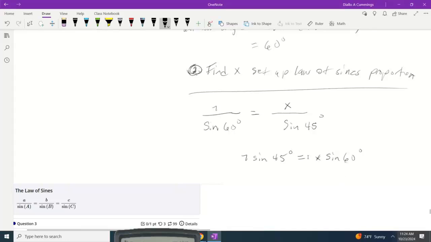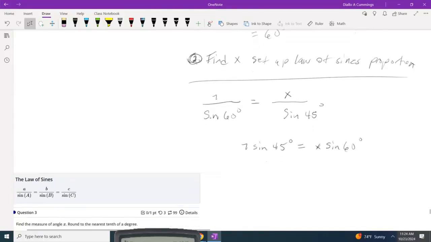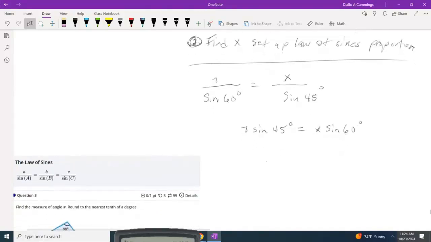So the opposite of multiplying x by the sine of 60 degrees is to divide by the sine of 60 degrees. So I'm going to divide both sides by the sine of 60 degrees. So I have 7 times the sine of 45 degrees divided by the sine of 60 degrees is equal to x.